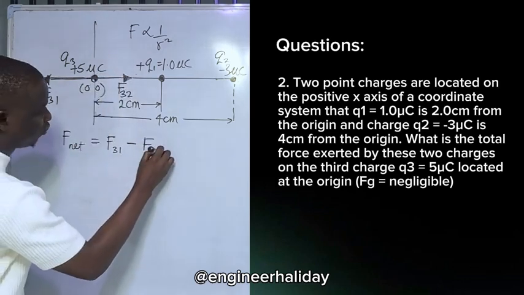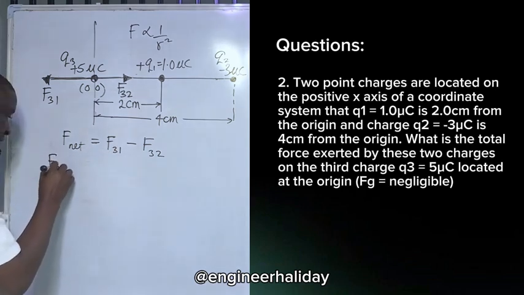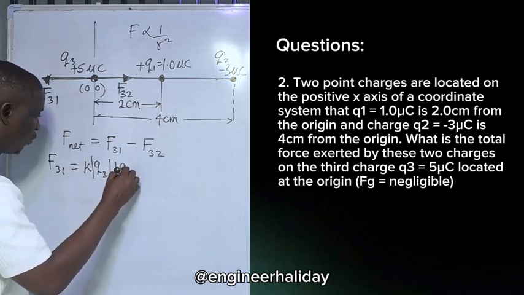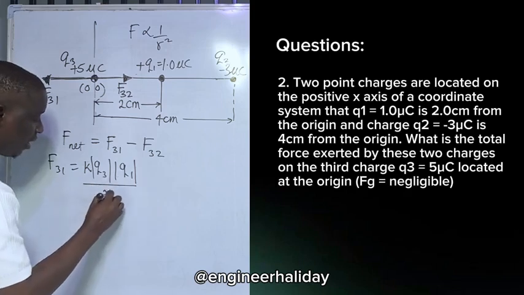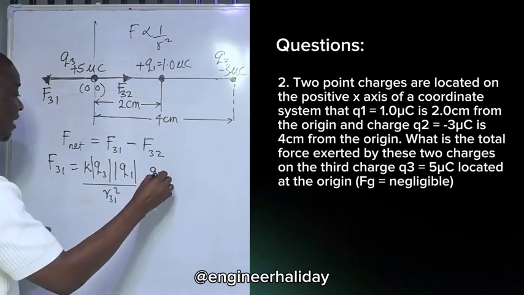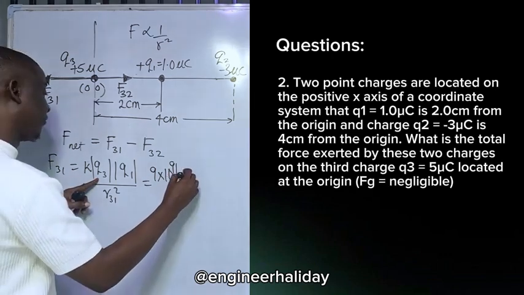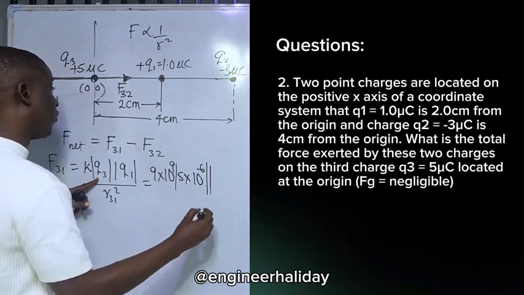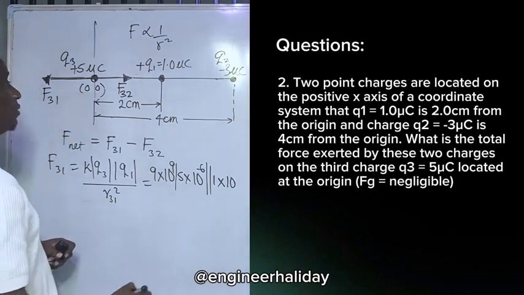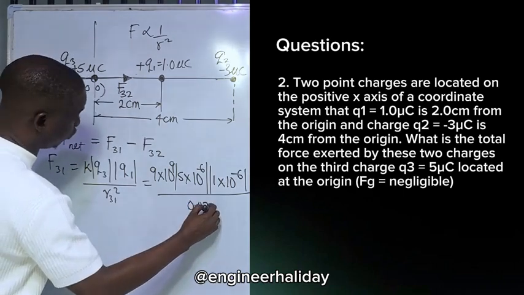Calculate F31 first. F31 equals k times Q3 times Q1, all divided by r31 squared. So that is 9 times 10 to the power 9, times the absolute value of Q3, which is 5 times 10 to the power minus 6, times the absolute value of Q1, 1 times 10 to the power minus 6, all divided by the distance apart, 0.02, all squared.